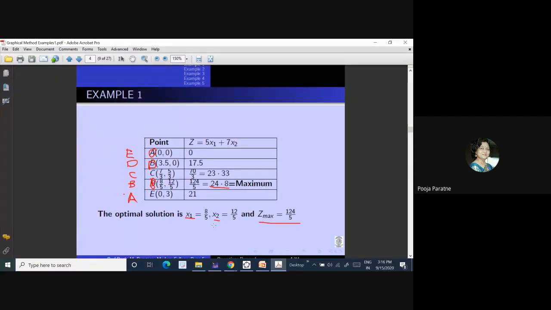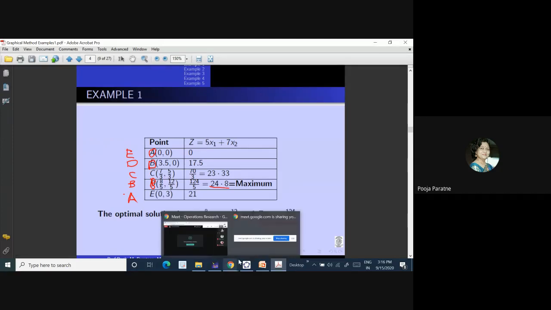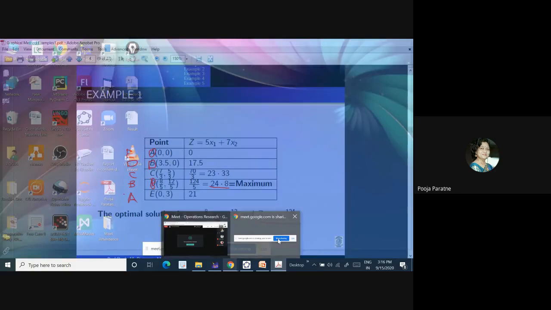So this is one type of example in which your objective function is maximization. You are getting the bounded region of this example, and the solution of the example.